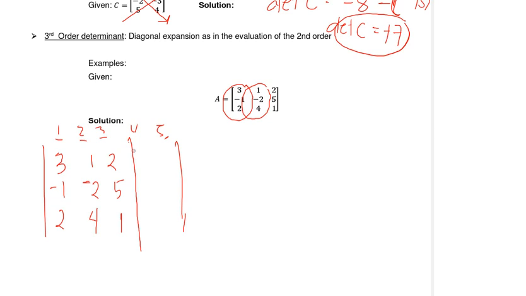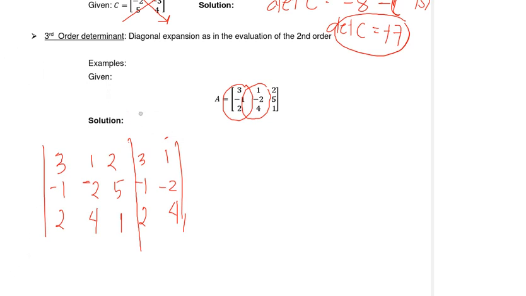So yung column 4 natin, that is 3, negative 1, 2. Column 5 natin is 1, negative 2, 4. So ito yung magiging arrangement natin ng ating element.